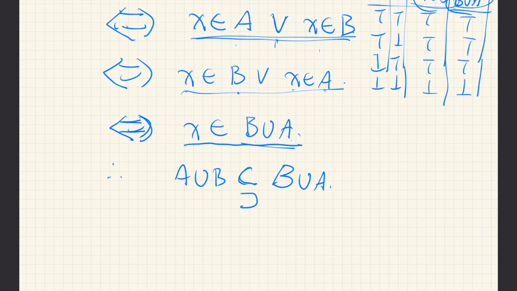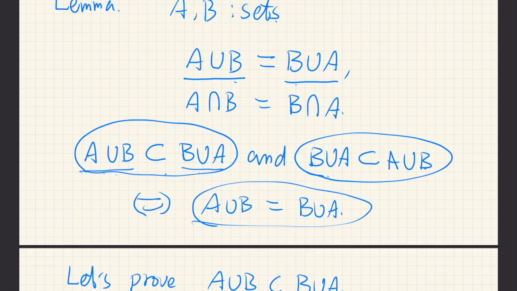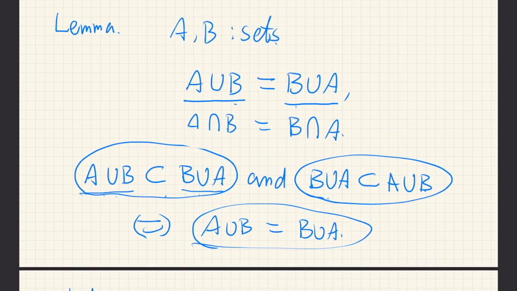Therefore, we prove that B cup A is a subset of A cup B. Therefore, A cup B is equal to B cup A. Okay? And we can prove the second one. The commutativity of intersection can be proved in a similar manner, and you should try that yourself.